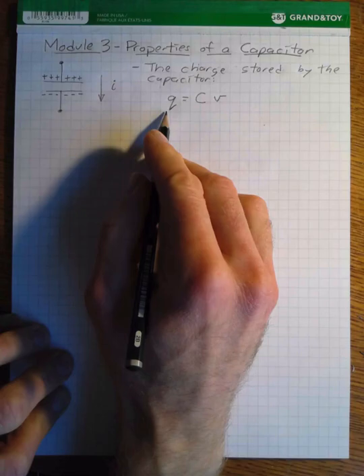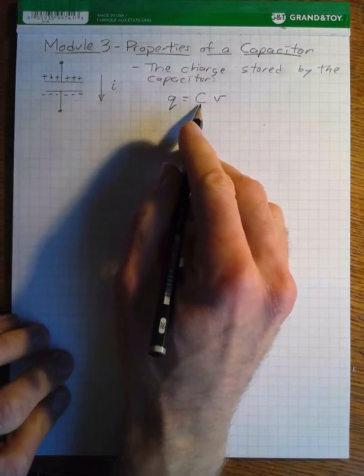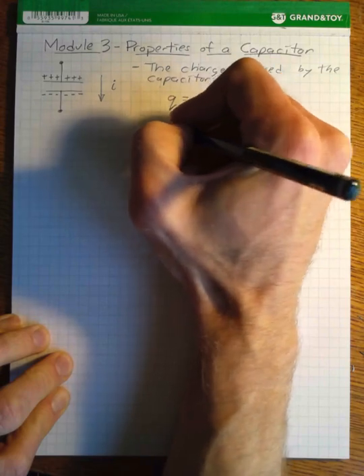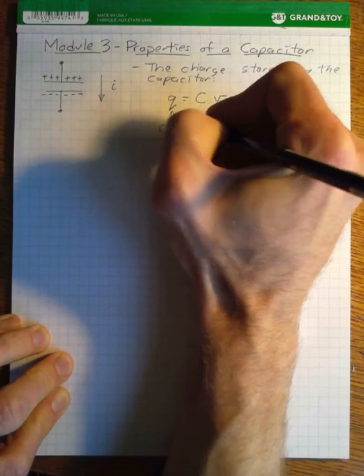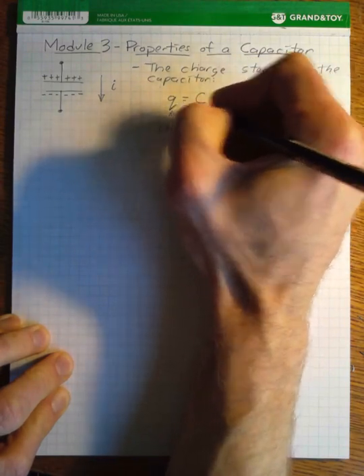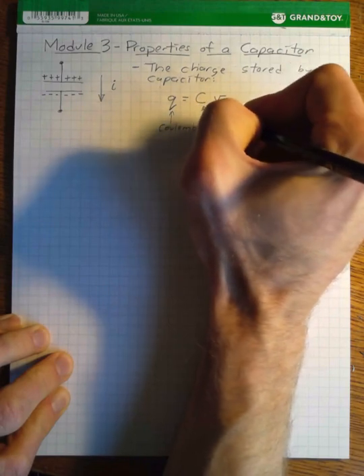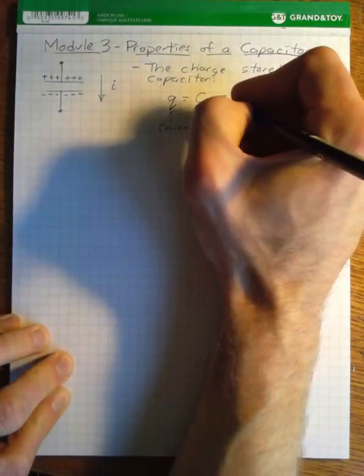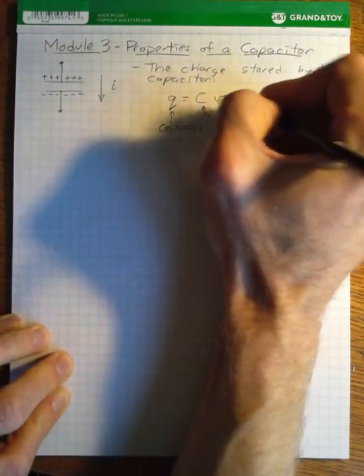So this is the amount of charge in coulombs. The units for capacitance are farads. And of course, the units for voltage are volts.